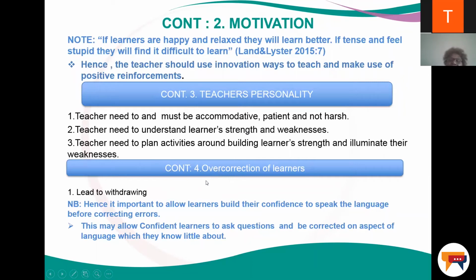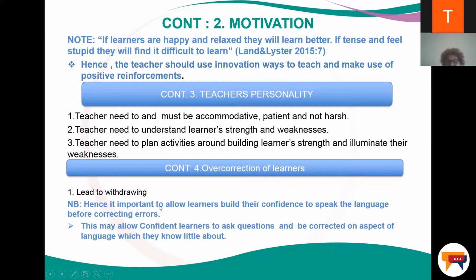There is another contextual factor, which is overcorrection of learners. My apology. Overcorrection would lead to withdrawal. You always correct and correct and correct and say, you don't do that, you don't do that. Be patient. Have a strategy. And we're going to learn about these strategies.